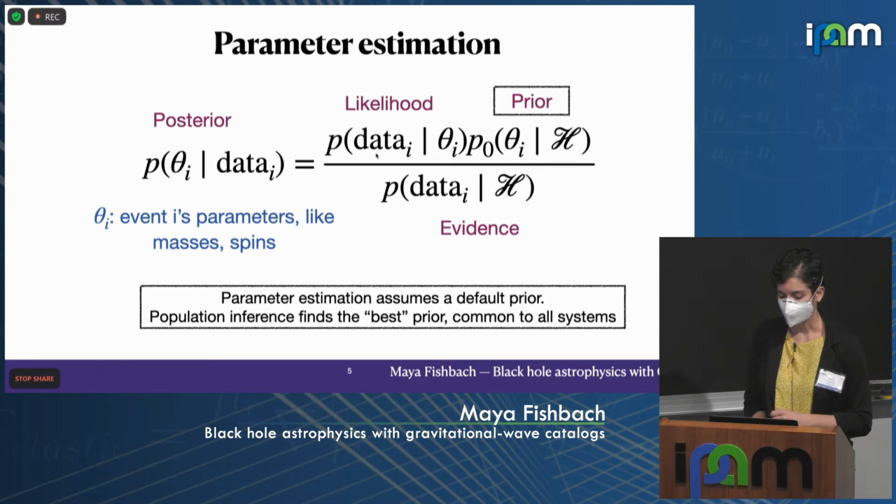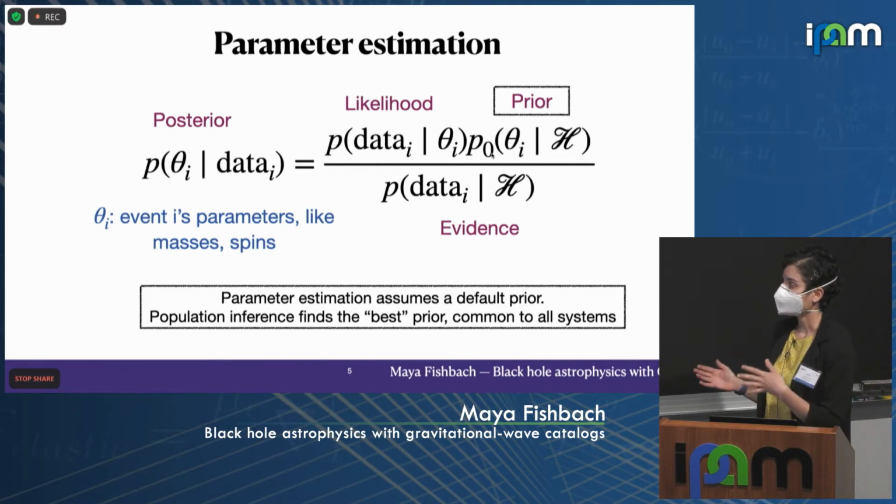This depends on the likelihood for that event times the prior divided by the evidence. There's some default prior that's assumed here, where H is the model that describes this prior. In the parameter estimation results that I showed on the previous slide, this is just some default prior.